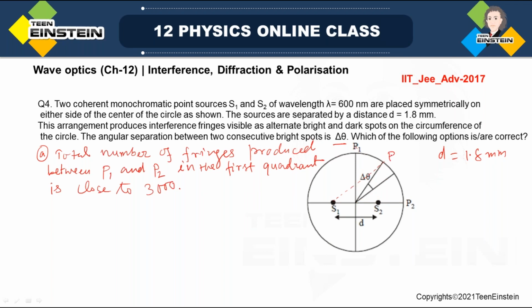So suppose this is a point P where the interference pattern is forming, okay, spot pattern like this is forming here, okay. One ray is this one, another ray is this one, meeting here and producing spot pattern.